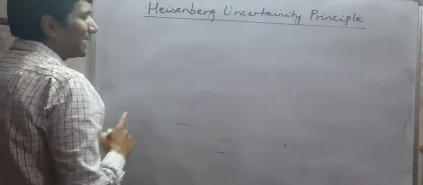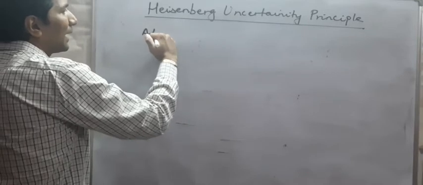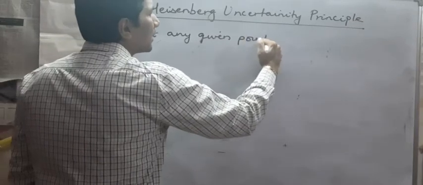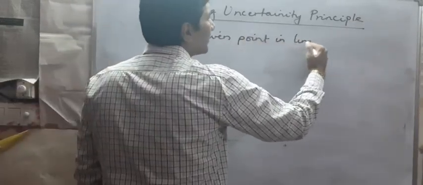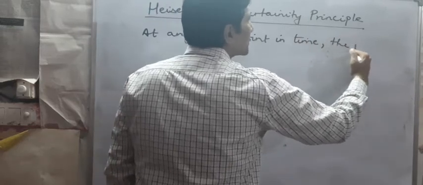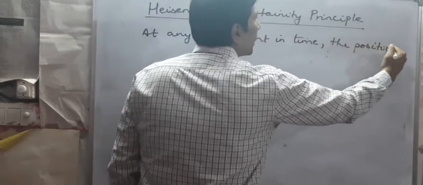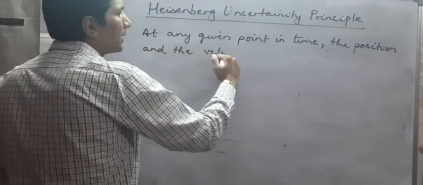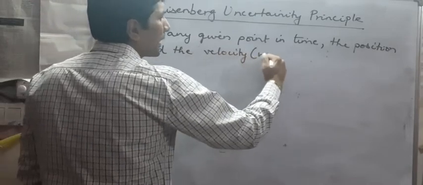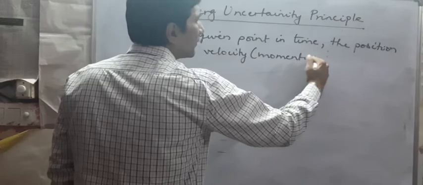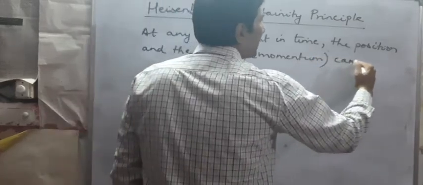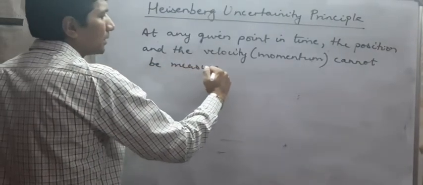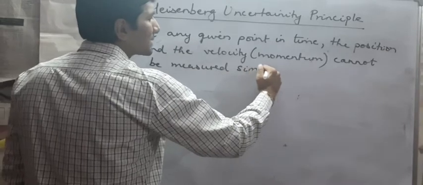So Heisenberg said that at any given point in time, the position and the velocity, we can also write momentum, cannot be measured simultaneously.